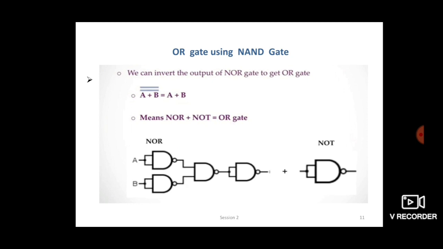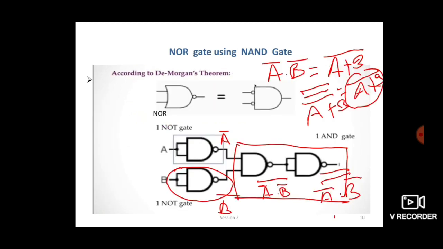NOR plus NOT. See here. For NOR gate, just see in the previous slide how to construct NOR gate. This is the total circuit for NOR gate using NAND gate.